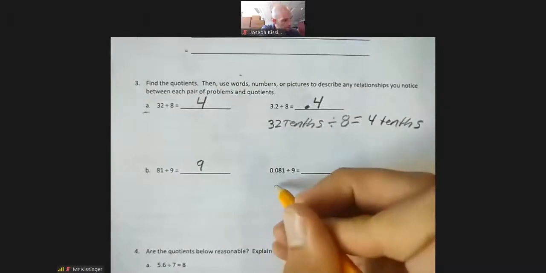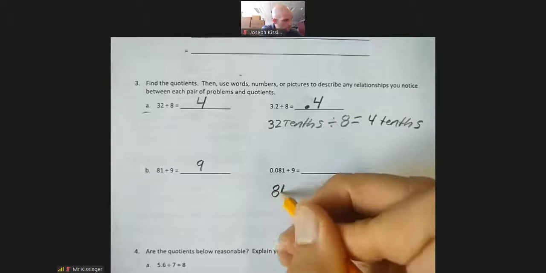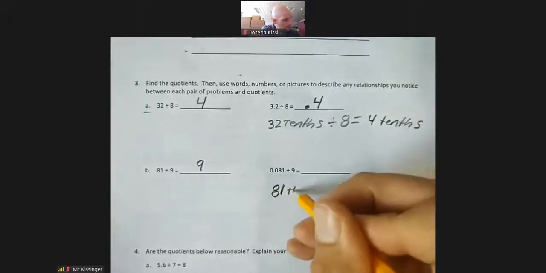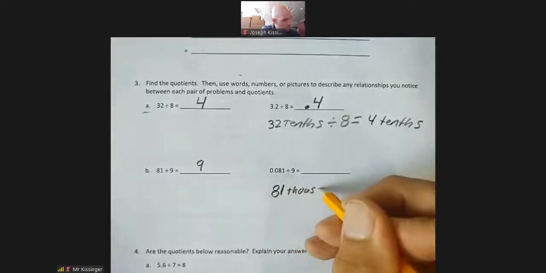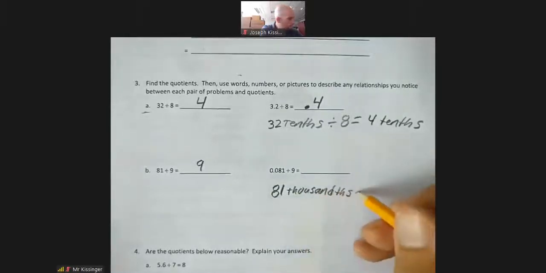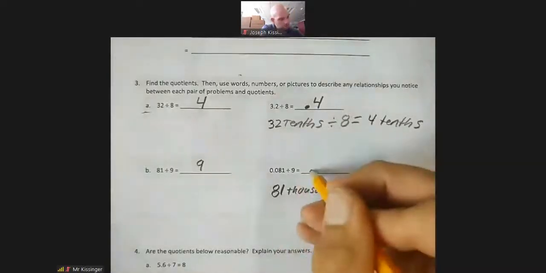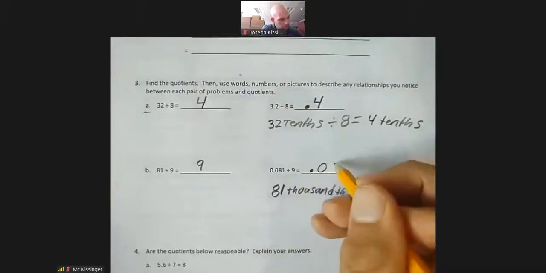So we'll do 81 thousandths divided by 9 equals 9 thousandths. And 9 thousandths looks like this.